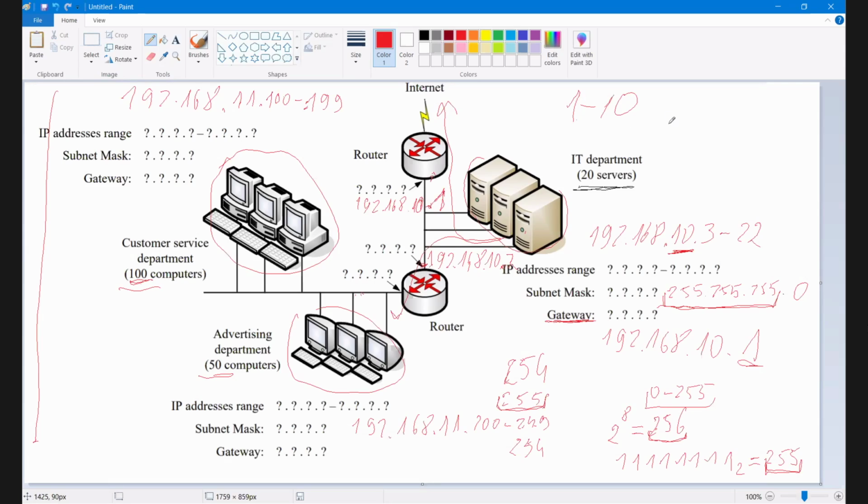But if it starts from 0, it's like from 0 to 9, because 0 to 9 is 10 numbers. If I start from 101, I finish at 200, but if I start from 0, I finish at 199. Okay, understood. Thank you.